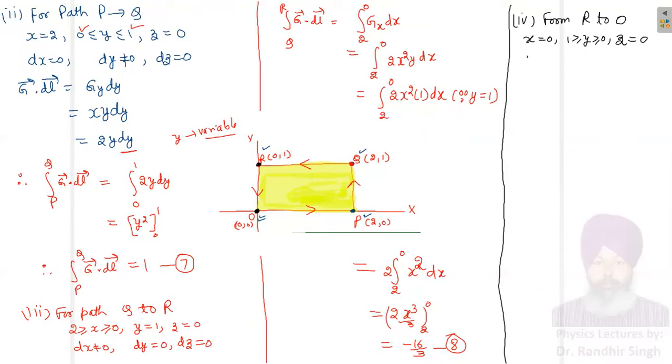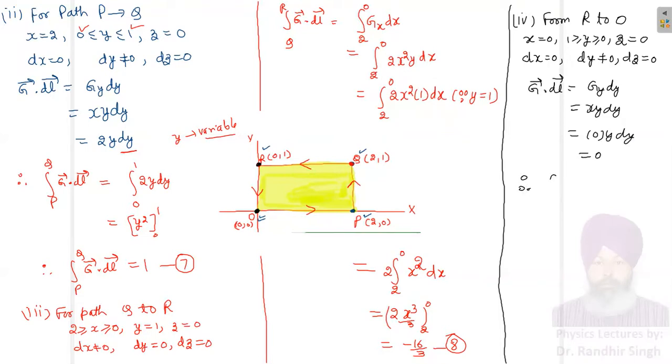If I take the derivative, dx will be 0. Since y is variable, dy will not be 0 and dz will be 0. Therefore, g dot dl will again be equal to gy dy, which is actually xy dy, and since x is 0, it will be 0 into y dy, it will be 0.